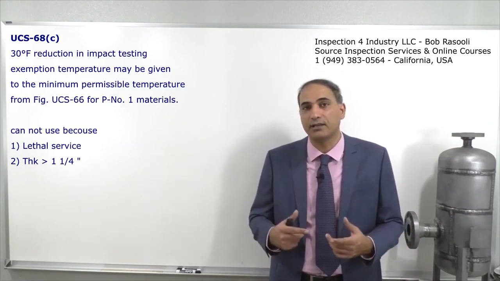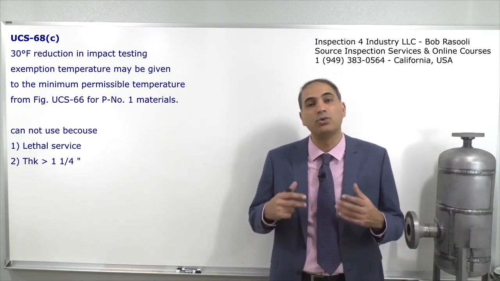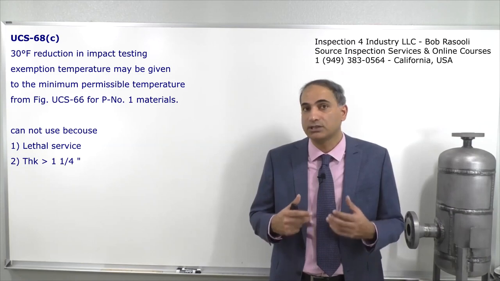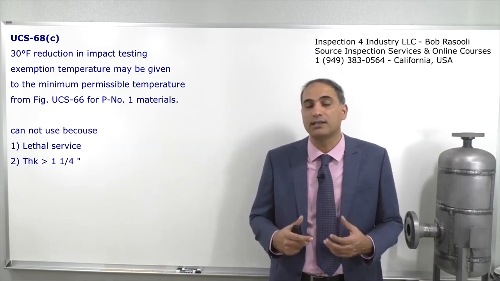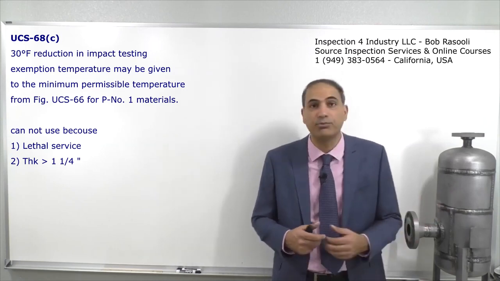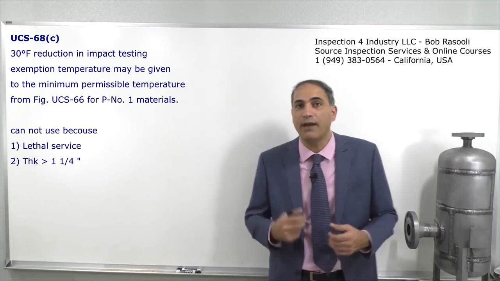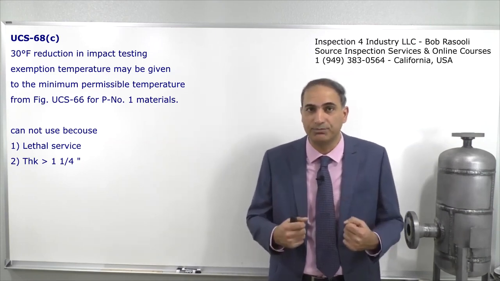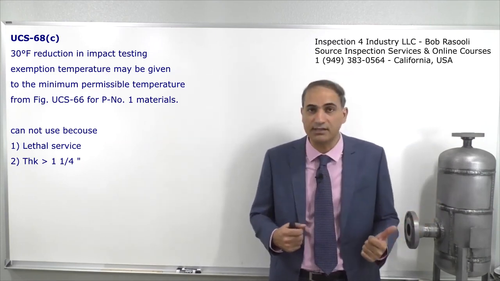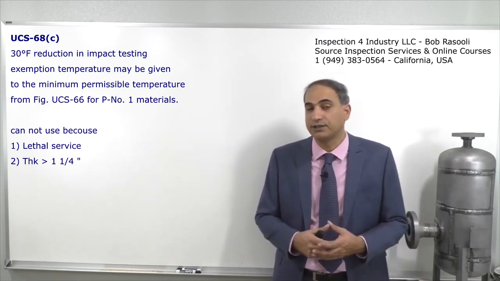Also, we are affected by another thing, the thickness requirement. If you remember, we have to perform post-weld heat treatment when our thickness is over 1.25 inch. Our thickness is 3.25 inch. So for two reasons we have to perform post-weld heat treatment: first, because of the service, and second, because of the thickness.